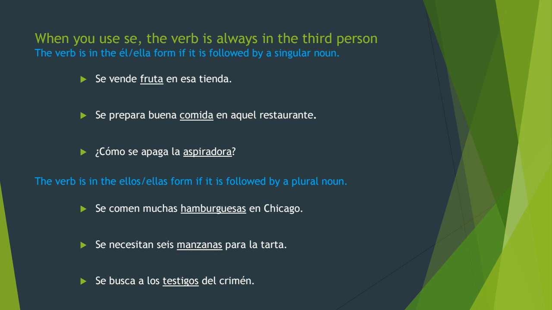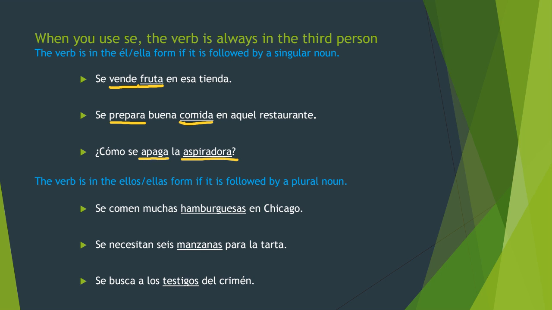So we have to look at what comes after the verb to figure out how to conjugate our verb. And so the first rule is the verb is in the ella form if it is followed by a singular noun. So these first three examples that I have here for you, if you look at the nouns there, fruta, comida, aspiradora. Those three nouns are all singular, which is exactly why then we conjugate our verb vender, so vende, prepara, and apaga.